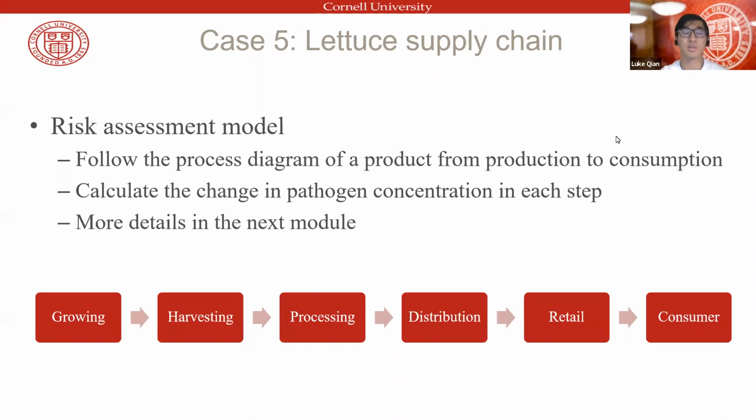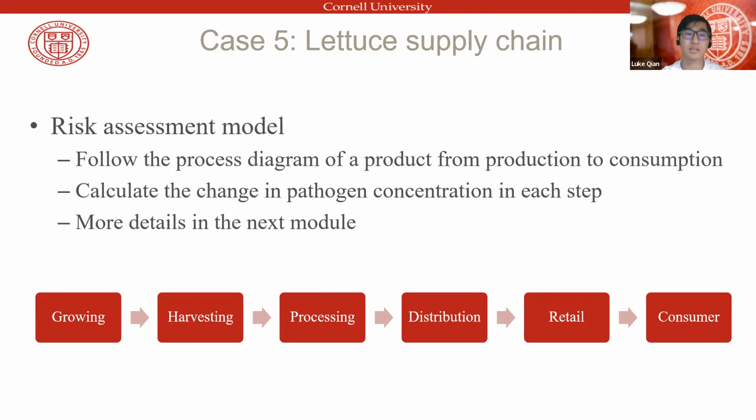So to understand the risk assessment model, we can simplify it into a process diagram of products from production to consumption. And then, as I mentioned earlier, we want to finalize the details in each stage. For example, the time and temperature distribution, and the growth, die-off, or stationary pattern at each stage.